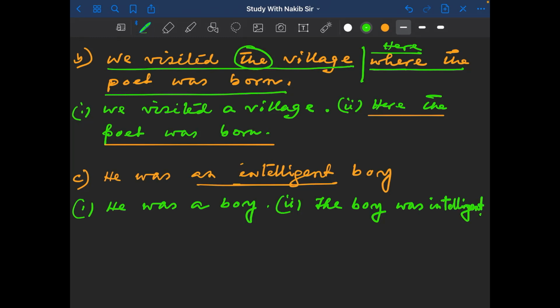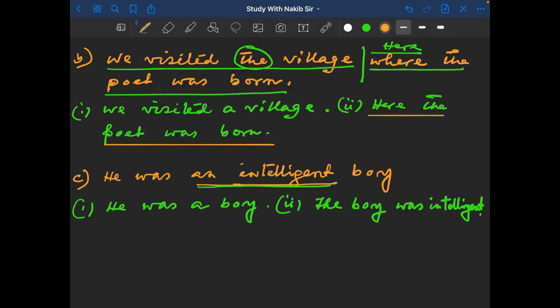The boy was intelligent. So I told you, if you get an adjective in a sentence, for that adjective you can make a separate sentence like this. So from the given sentence, he was an intelligent boy, we have got two sentences. Number one, he was a boy, and number two, the boy was intelligent. Okay.